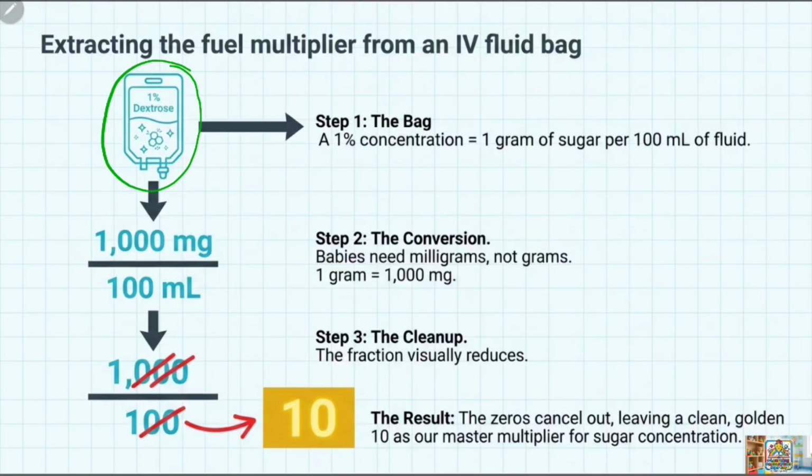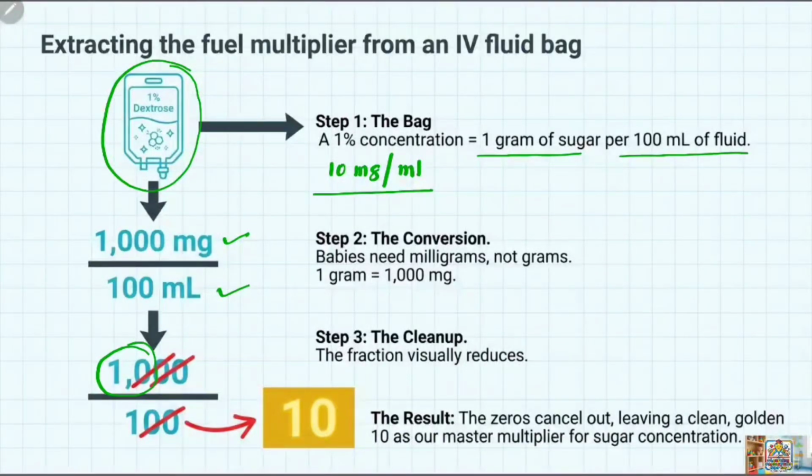This 1% concentration means 1 gram of sugar per 100 ml of fluid, so 1000 milligrams per 100 ml. Now cleaning up the fractions, we remain with 10 milligrams per ml of fluid. So 1% concentration means 10 milligrams per ml of that IV fluid.